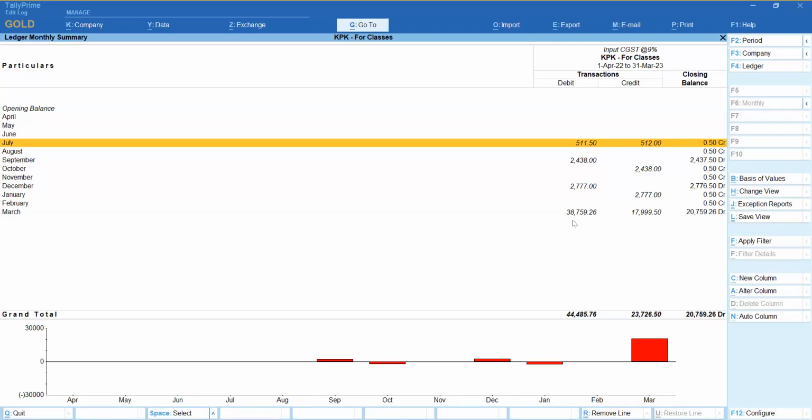Whatever nomenclature you use, my intention is that the entries should match with your ledgers as maintained in the GST portal.